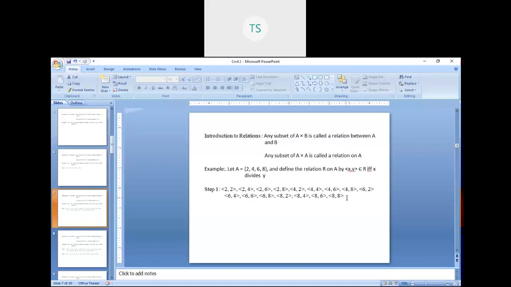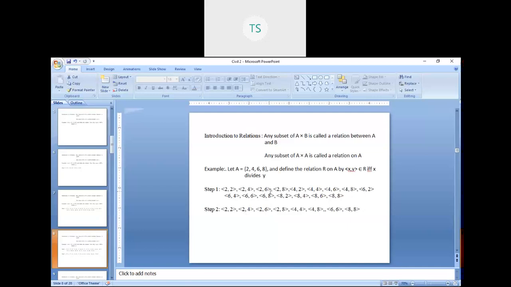But here the step 2 is important. In step 2, you have to choose those ordered pairs which satisfy the condition, which here is x divides y. From here, if I take 2, 2, then 2 divides 2, that's why I have included 2, 2. Then 2 divides 4, so I can include 2, 4.